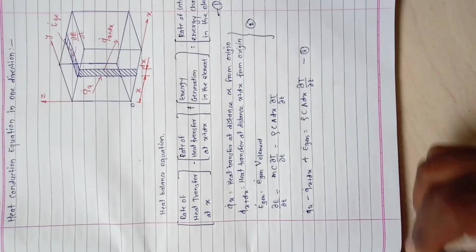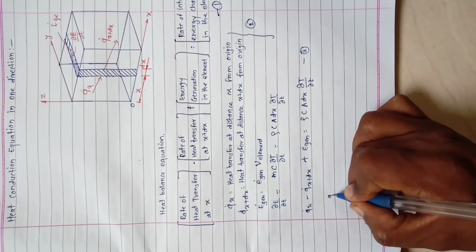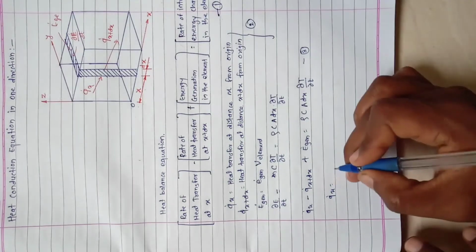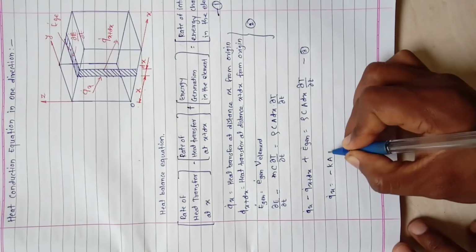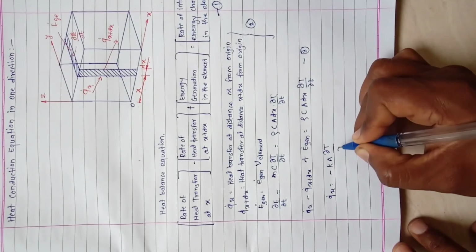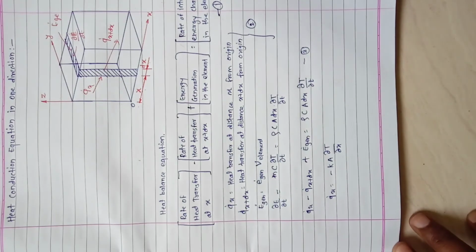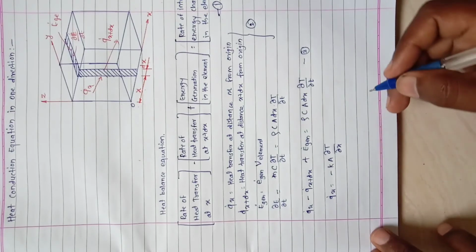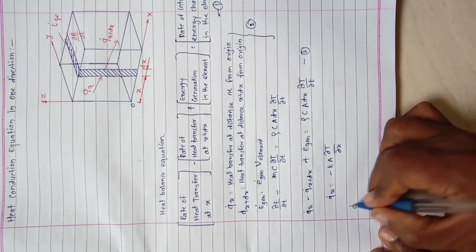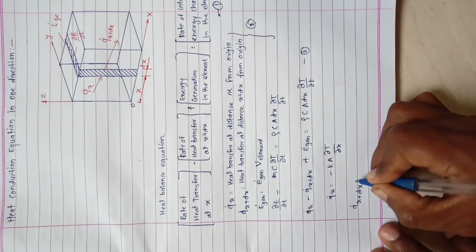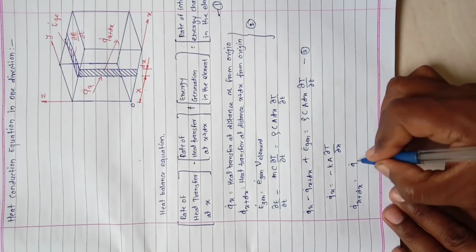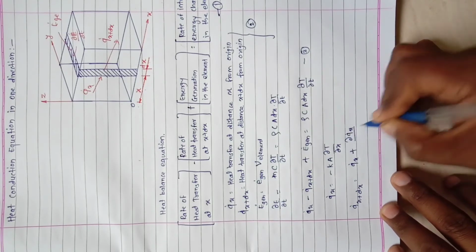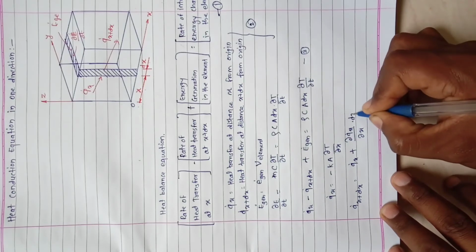Now we substitute the value of q dot x, found by Fourier law of heat conduction, equal to minus K A dT by dx. According to the Taylor series expansion, q dot x plus dx is equal to q dot x plus del q dot x by del x into dx.